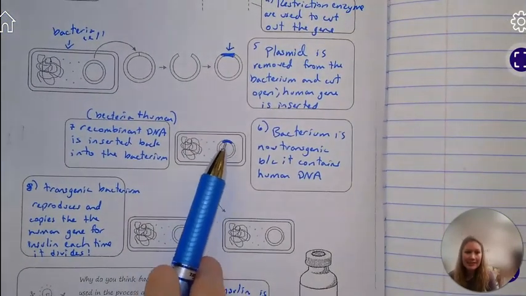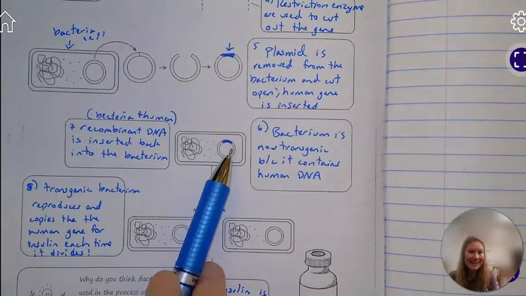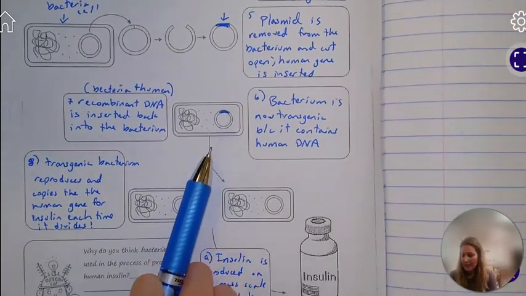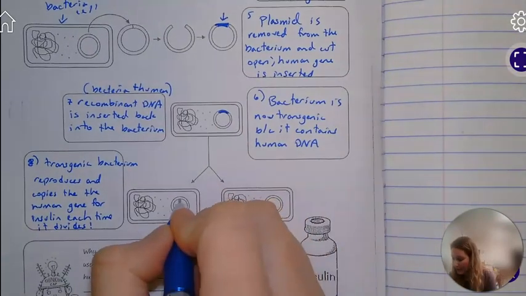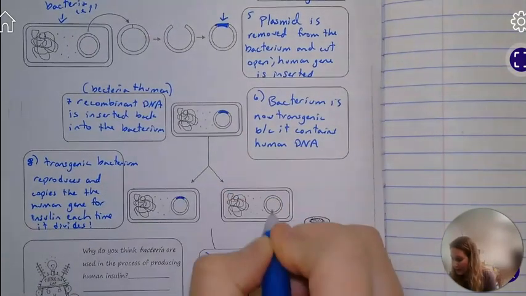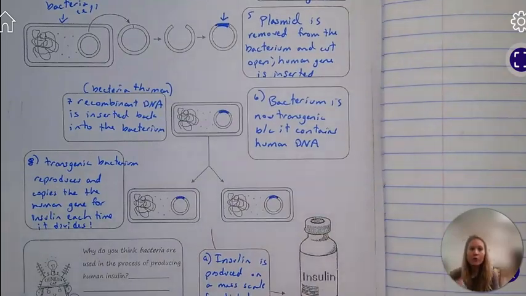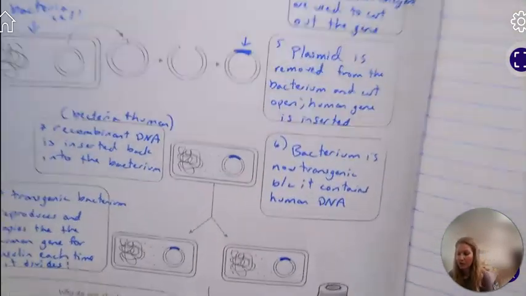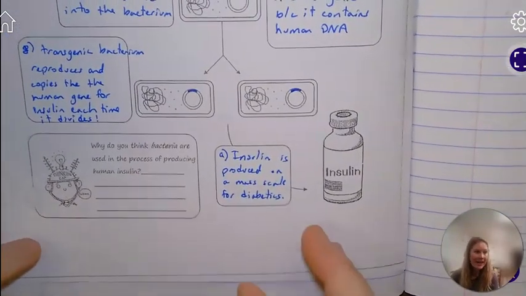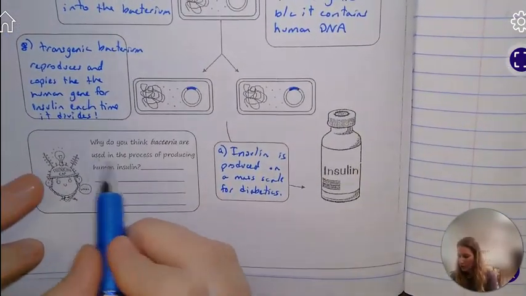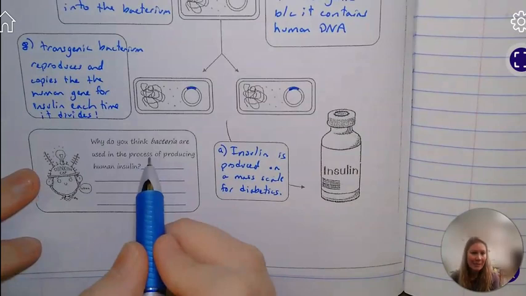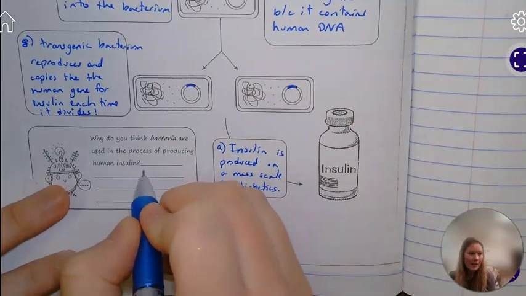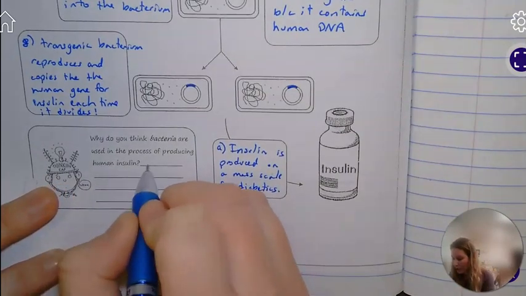That bacteria is now transgenic and it contains recombinant DNA. Every time that bacterium divides, it also produces insulin, which can then be mass produced and sold to treat diabetes.